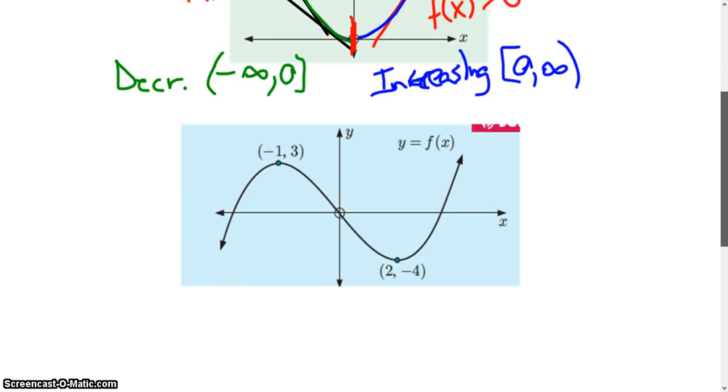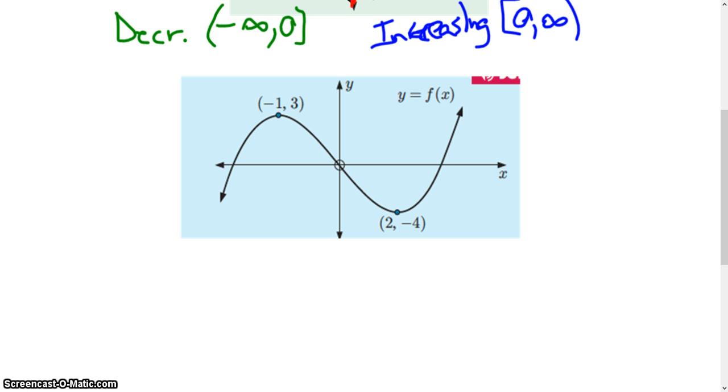Now if we go down here, we have a cubic function, and they've labeled for us the max point and the min point. Here we have an interval where our tangent lines are going up, so it's increasing, and also the interval on the other side is increasing.